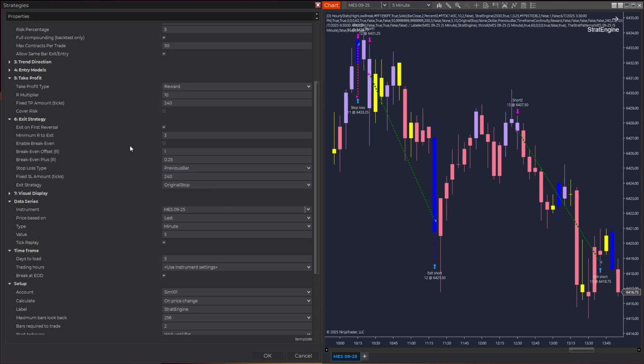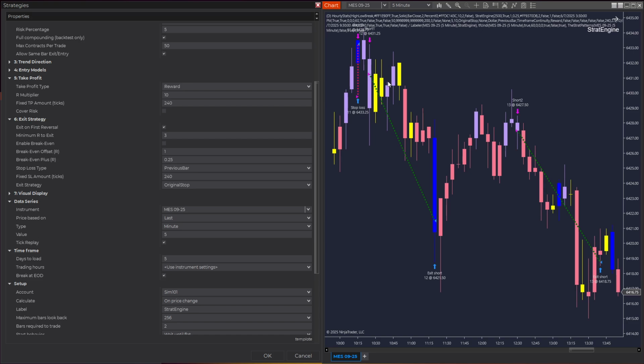Exit strategies. This is something new that we're going to be adding into the rest of the bots: the minimum risk to reward to exit. In the Strat Engine case, there is the option to exit upon the first Strat reversal. In this case, we have the 2 down short, and we could have exited here.